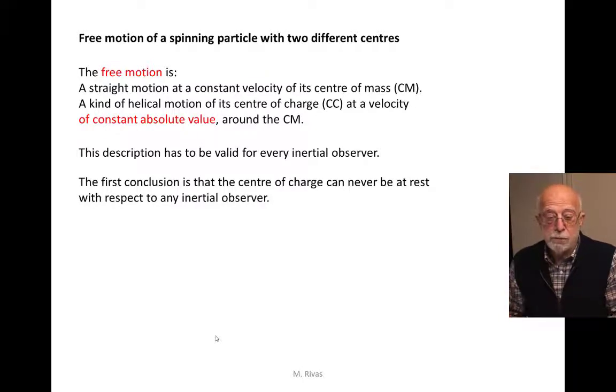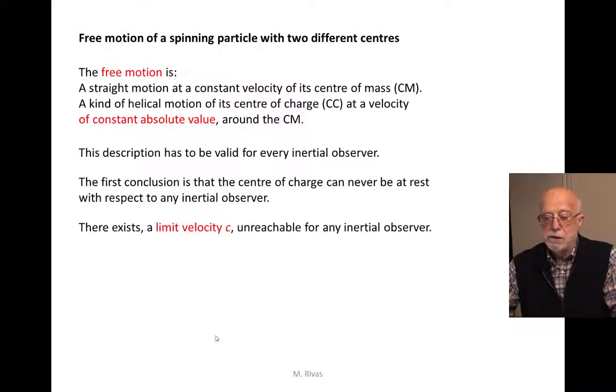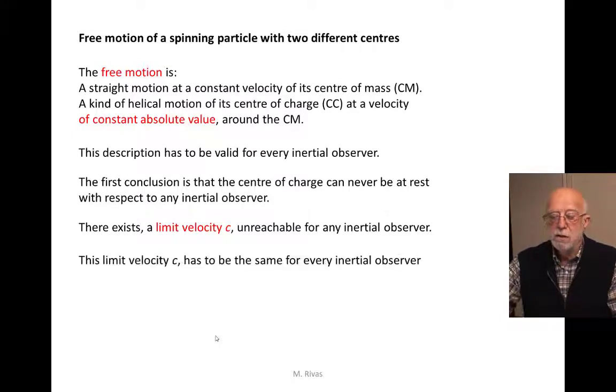So for that inertial observer, the motion is not at a constant velocity, contrary to the idea that the motion must be free. Well, this means that there exists a limit velocity for the center of charge, which we call c, unreachable for any inertial observer. But according to the relativity principle, if this limit velocity exists, it must be the same for all inertial observers.